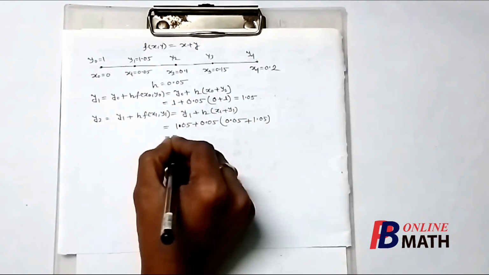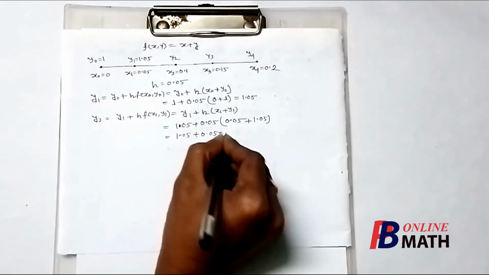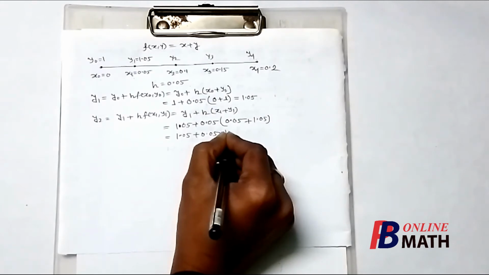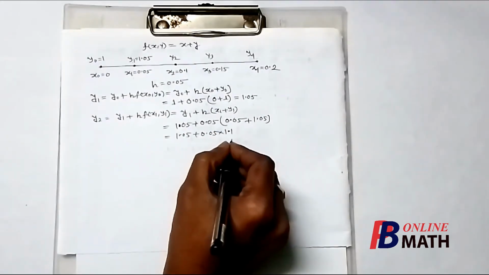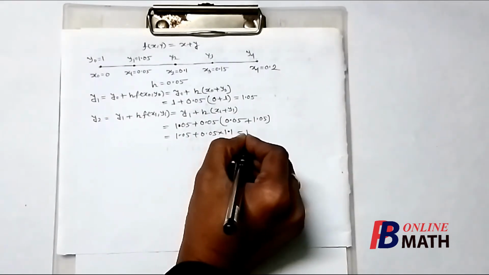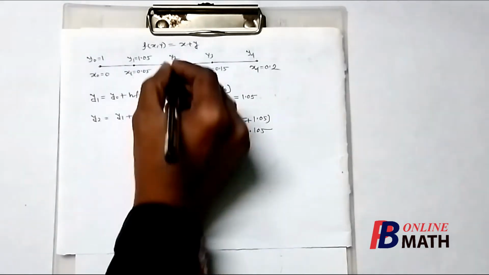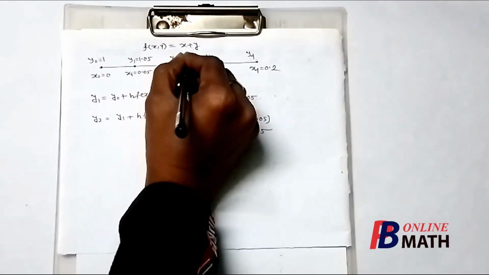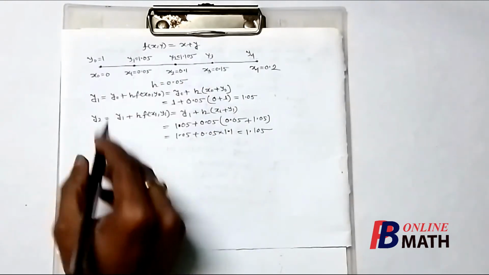So this is 1.05 plus 0.05 into 1.1. We find that this is 1.105. So this is the value of y2. Next, using this value we shall find y3.